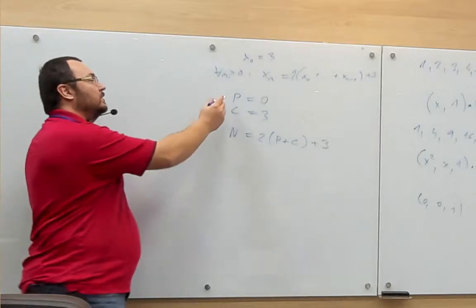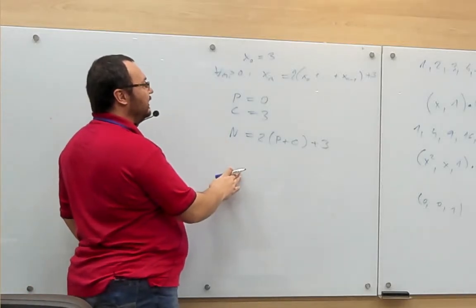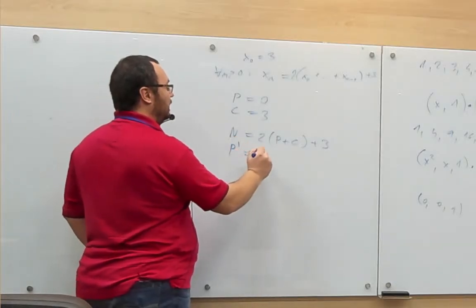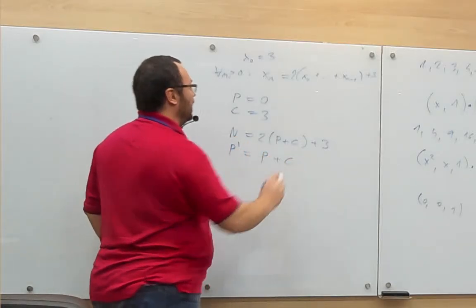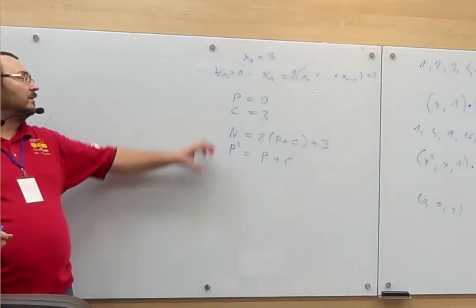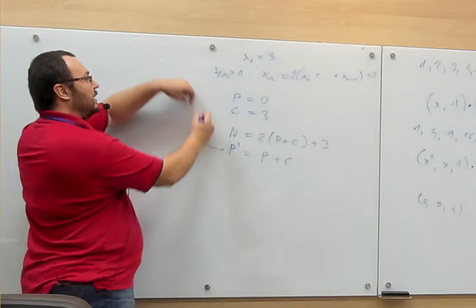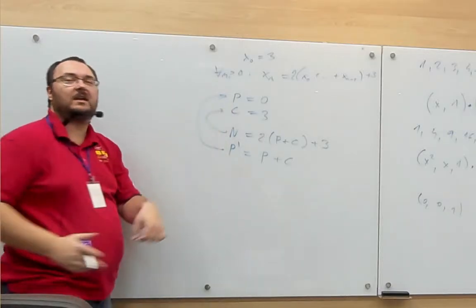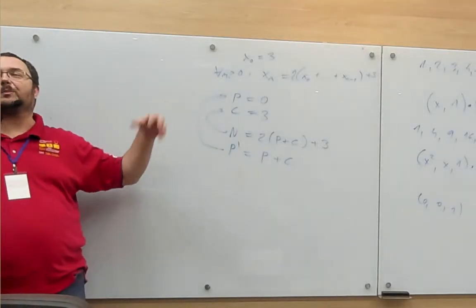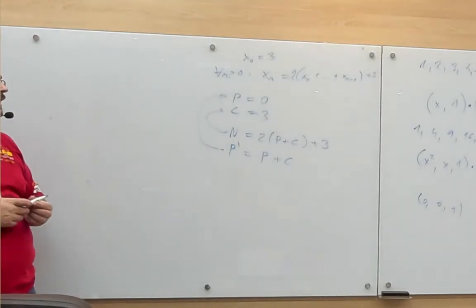And the new prefix sum is then the old prefix sum plus the term we just processed. So something like this. And then this becomes the new P, this becomes the new C. So the next element becomes the current element, the new prefix sum becomes the old prefix sum, and we are iterating it over and over again.